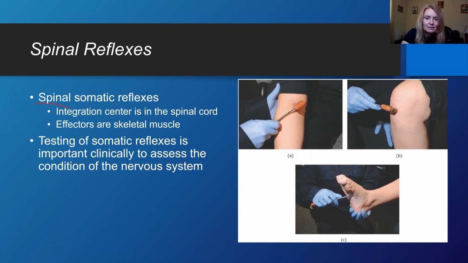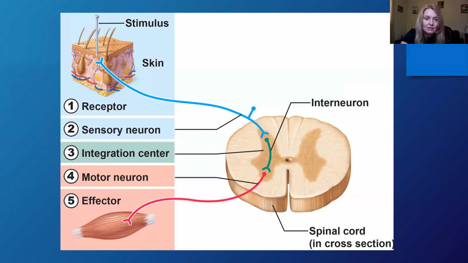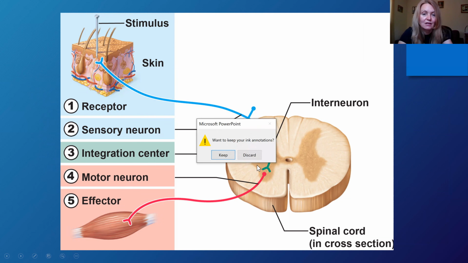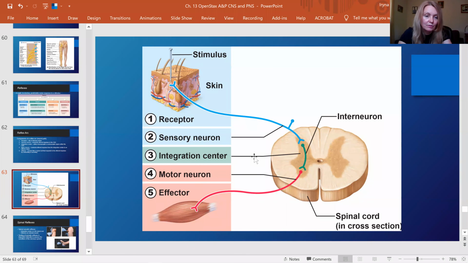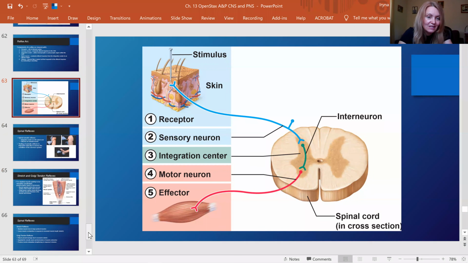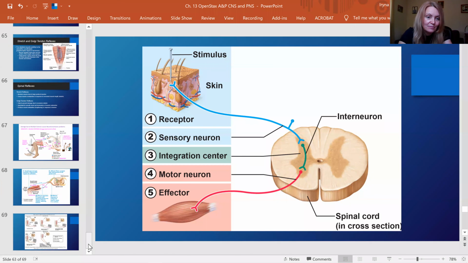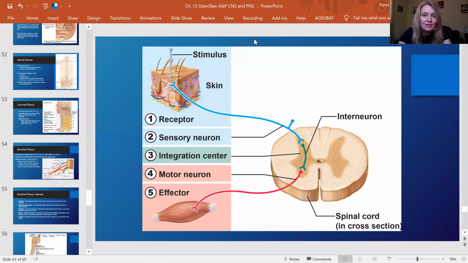So we're testing how this arc is working. Is it working correctly, or are there some problems with that? Okay, so anyway, we do have a couple more slides to cover, but that's for our next video.